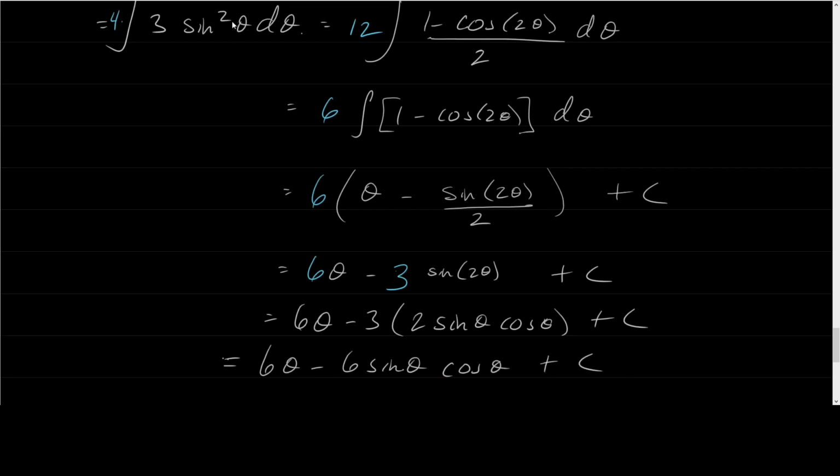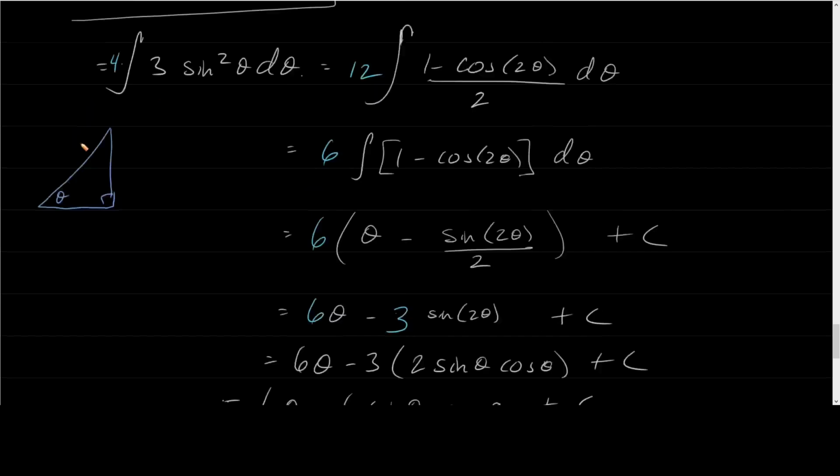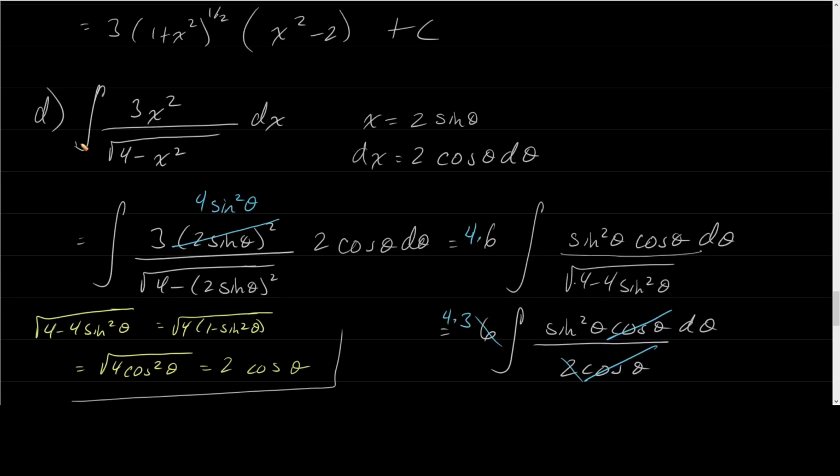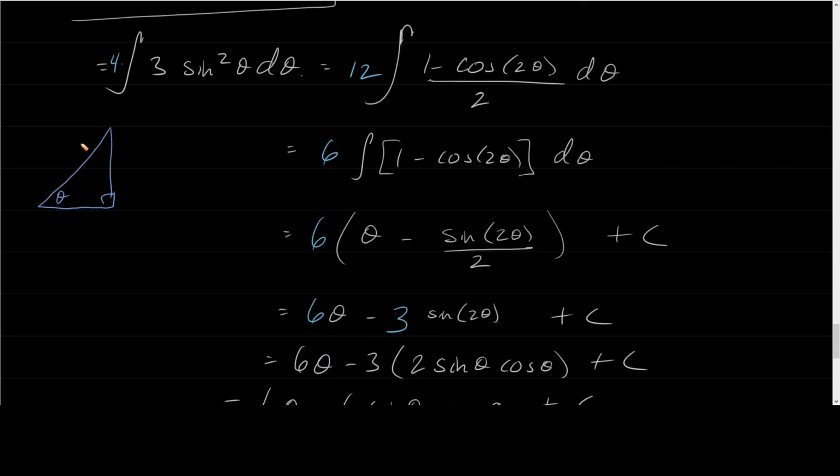Now let's look at the triangle that this originally implied. Here's our angle theta. We started this one by saying that x is equal to 2 sine theta, which gives us that x over 2 is sine theta.